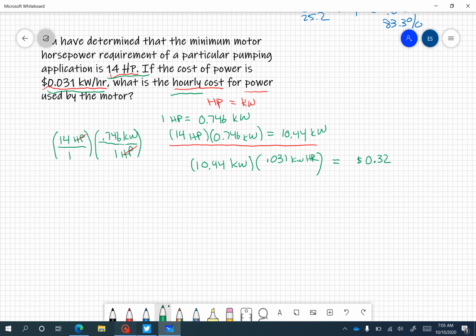You need to remember that 1 horsepower equals 0.746 kilowatts. Of course, a kilowatt in the metric system equals 1,000 watts. This conversion is also given as 1 horsepower equals 746 watts.